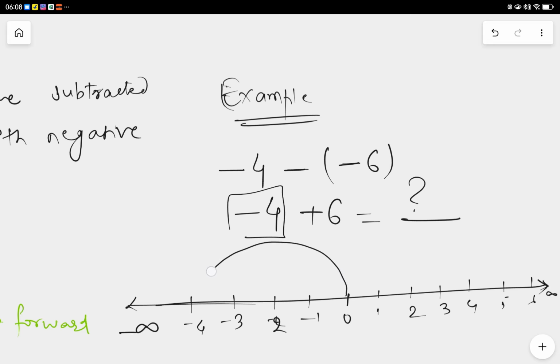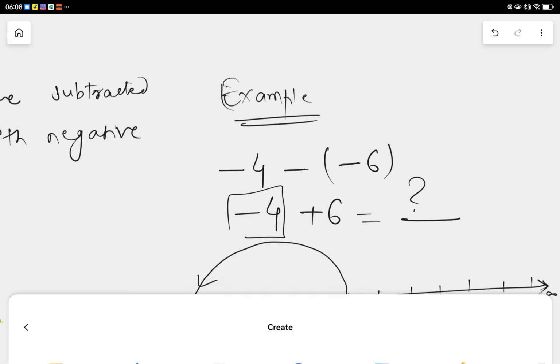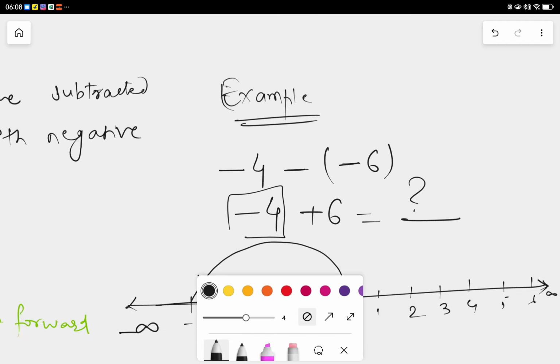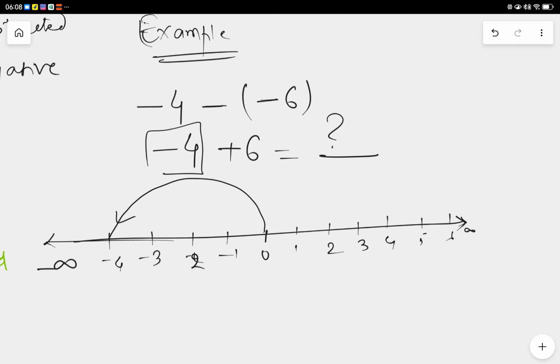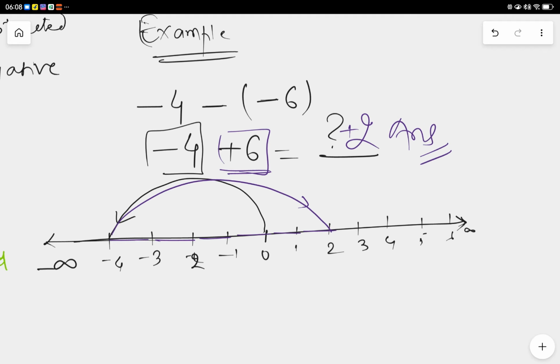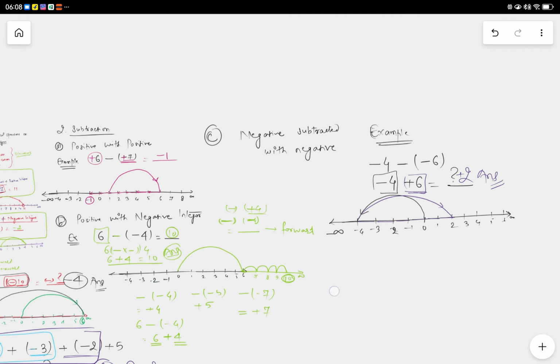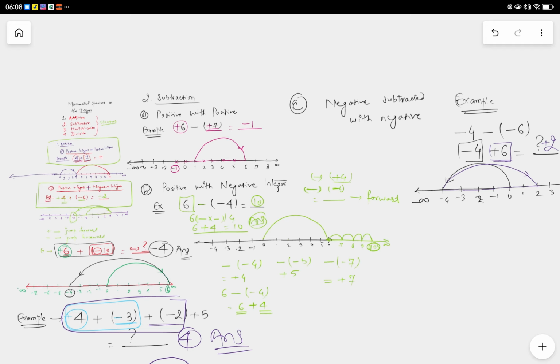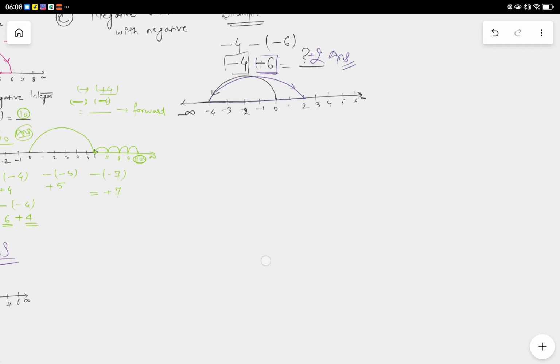So I jumped -4, and then I have to make a forward jump of 6. 1, 2, 3, 4, 5, 6. That means a forward jump of +6. So if you see, the answer is +2. So we covered the subtraction part also as an operation. Done.